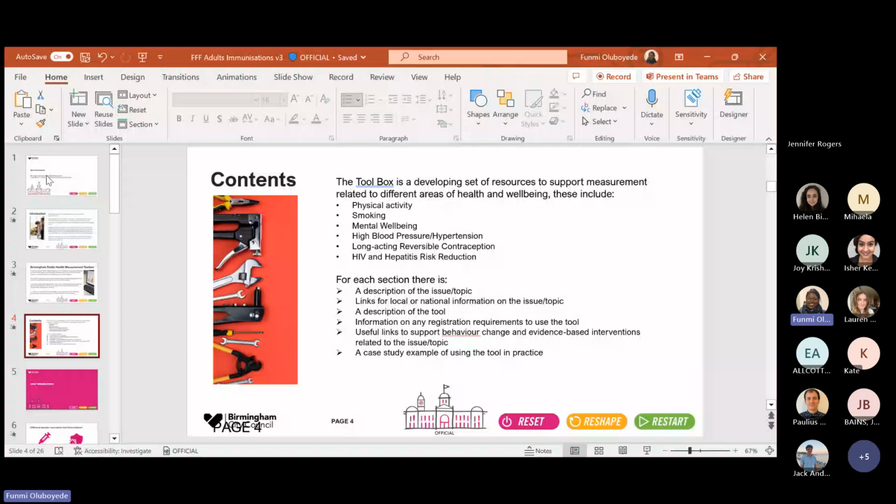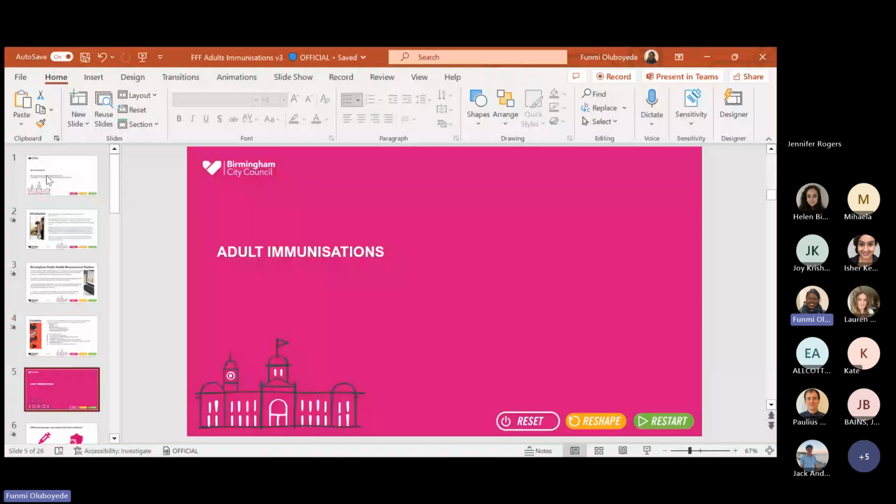So the webinar follows a structure where each section there will be a description of the issue or topic, links for local or national information on the issue or topic, a description of the tool being used, information on any registration requirements to use the tool, useful links to support behaviour change and evidence-based interventions related to the topic or issue, and then a case study example of using the tool in practice.